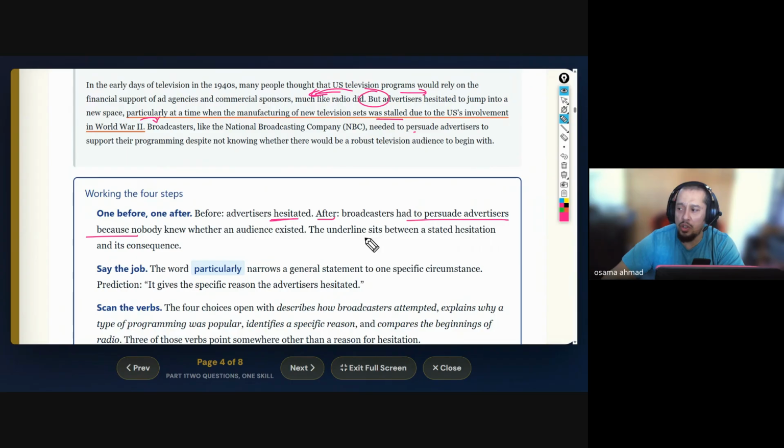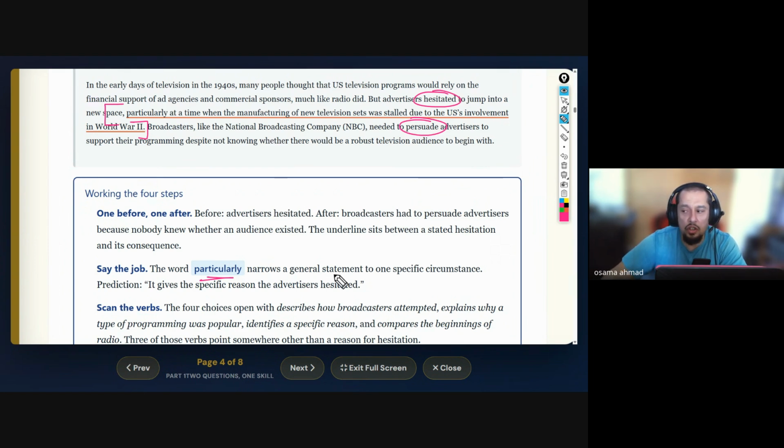So the underlying portion sits between these two things. It sits between hesitation and persuasion, right? Now, we look at the word. Now, look at this word particularly. ويعني ايه particularly؟ بيدينا ايه؟ Specific information, right? بيدينا سبب, right?